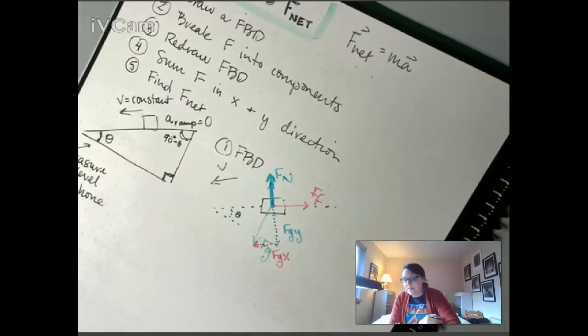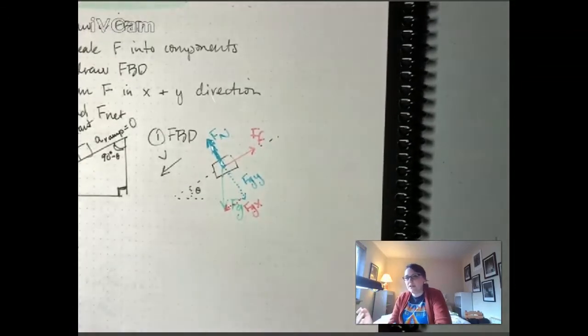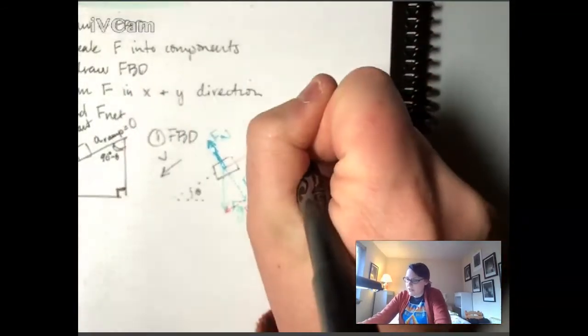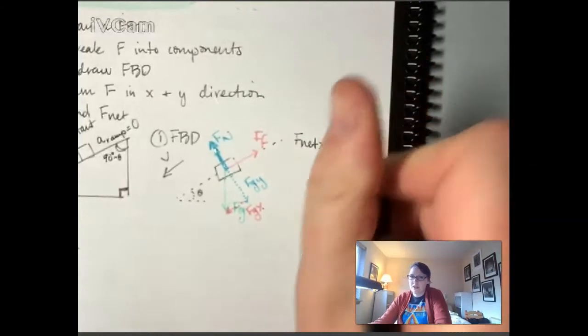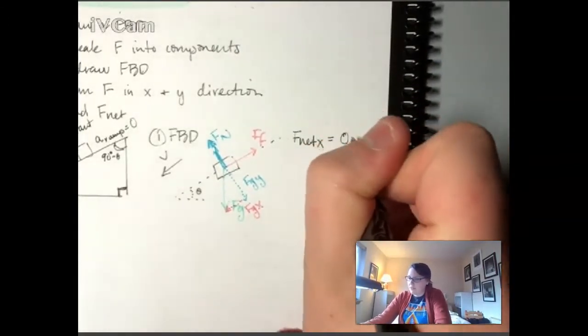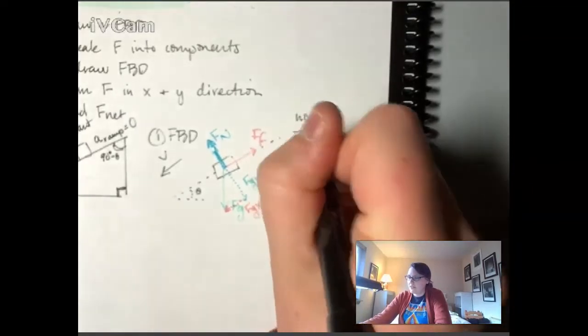We know a couple things already in advance of solving this problem. I'm going to turn my paper back while I write it down. We know that because this object is moving with constant velocity in all directions, the net force in the x direction is going to be equal to 0 because we have no acceleration.